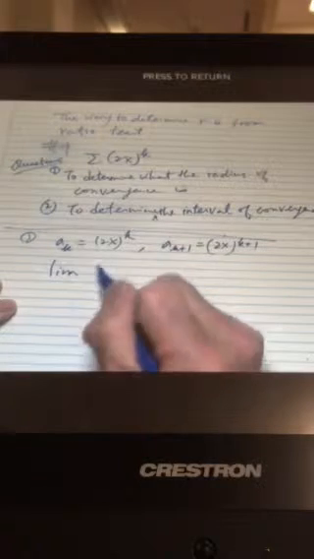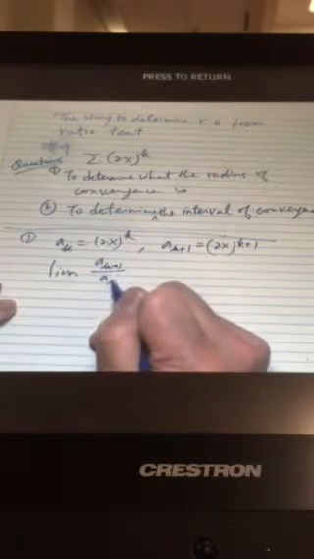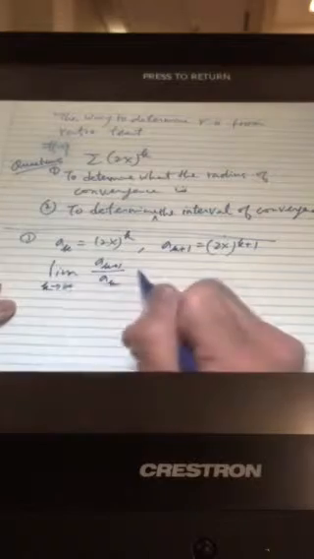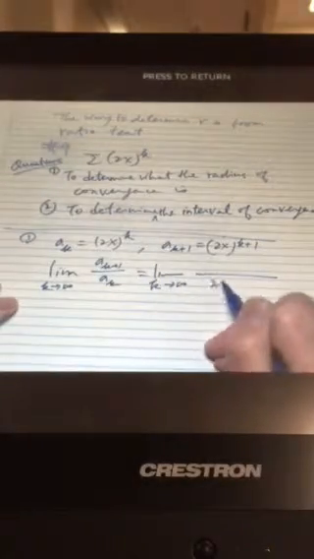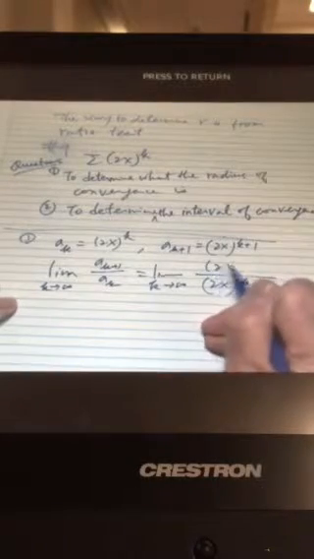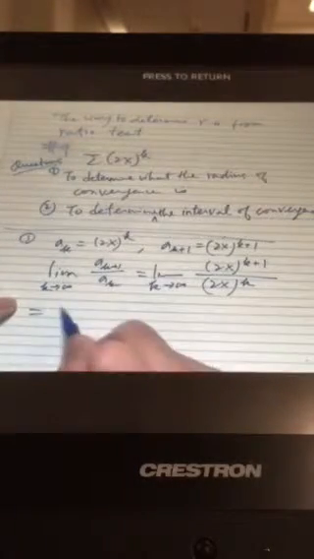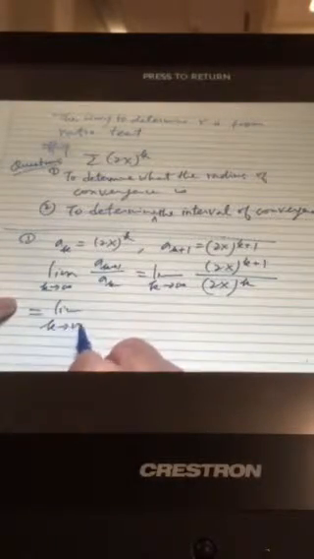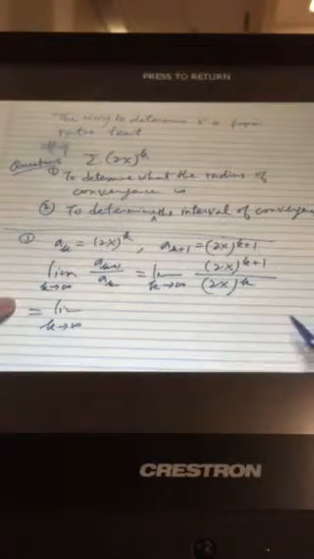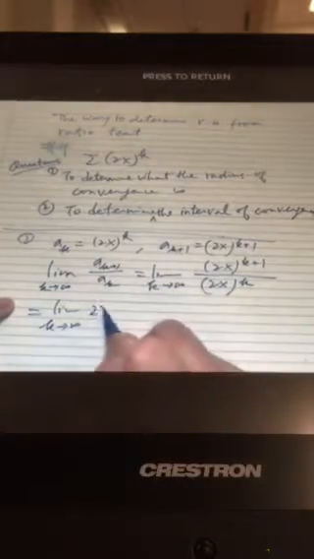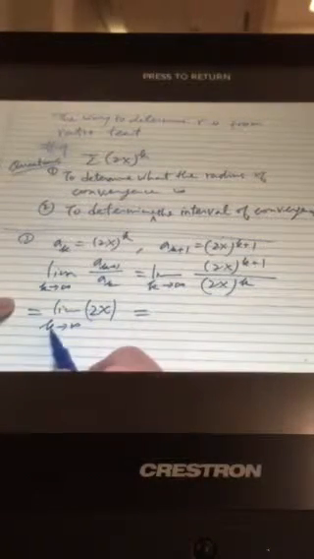So if I look at the limit of a_(k+1) over a_k as k approaches infinity, that is (2x)^(k+1) over (2x)^k. Now things cancel, so this limit as k approaches infinity is 2x, but 2x has nothing to do with k.